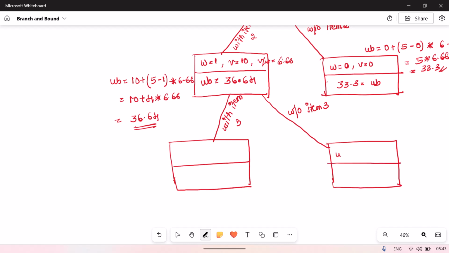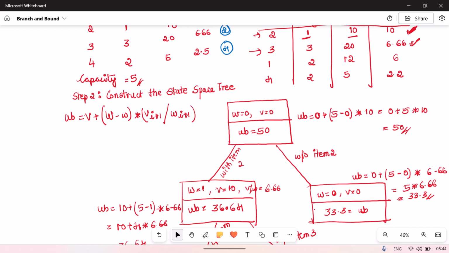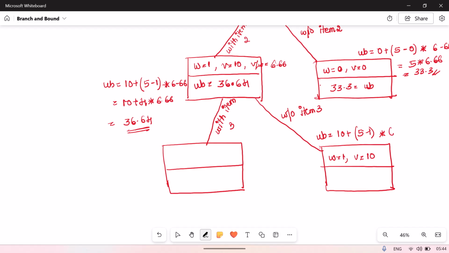So without means previous value only and weight. So W equal to 1, V is equal to 10. So the upper bound is 10 plus total capacity 5 minus 1 times the ratio of the next item. So if it is third item, then I'll have to consider for the next item, its ratio is 6. So 10 plus 4 times 6 is equal to 34. Upper bound is coming to 34.